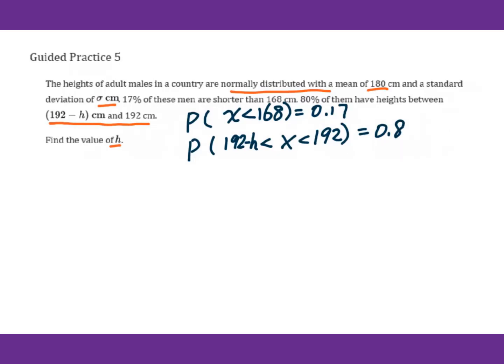We also know the mean is 180. Sigma we don't know, we have to figure it out. Then for h we don't know either. According to this given information, we can figure out the sigma.